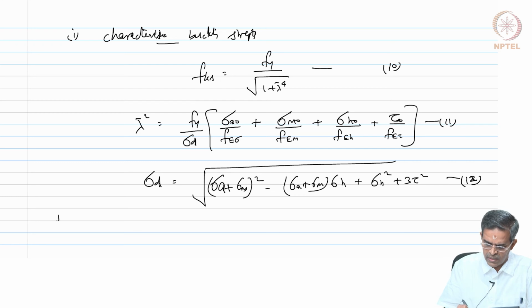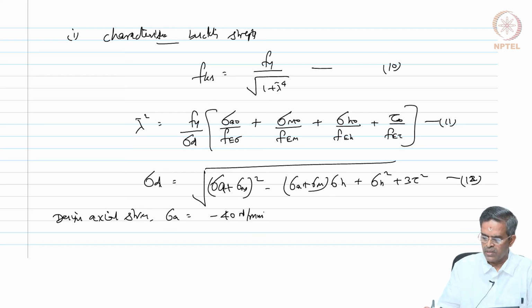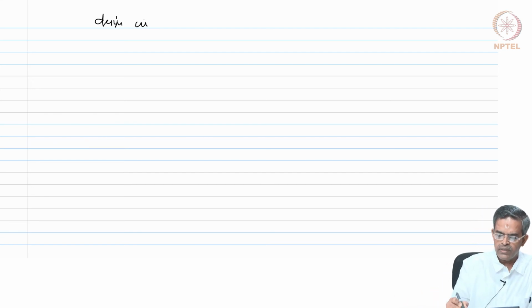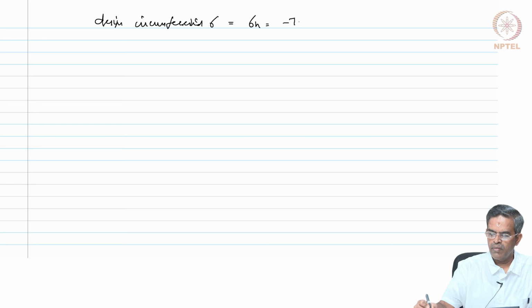We know the design axial stress sigma A is minus 40 because it is compressive. Design bending stress sigma m is 0. Further, design circumferential stress sigma h is minus 70.